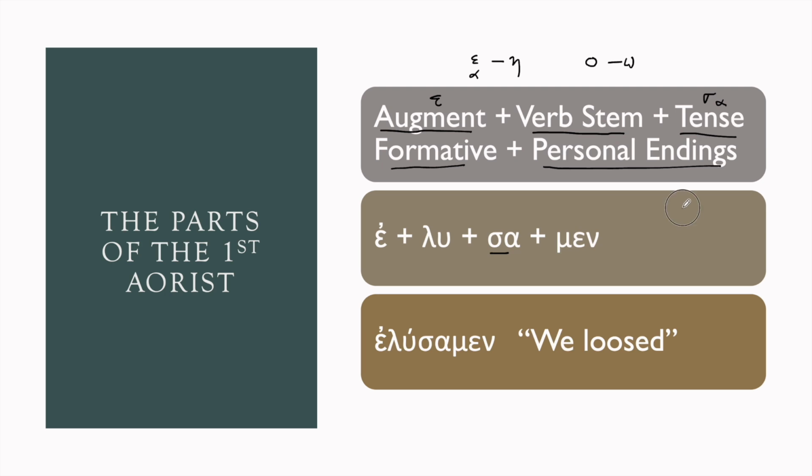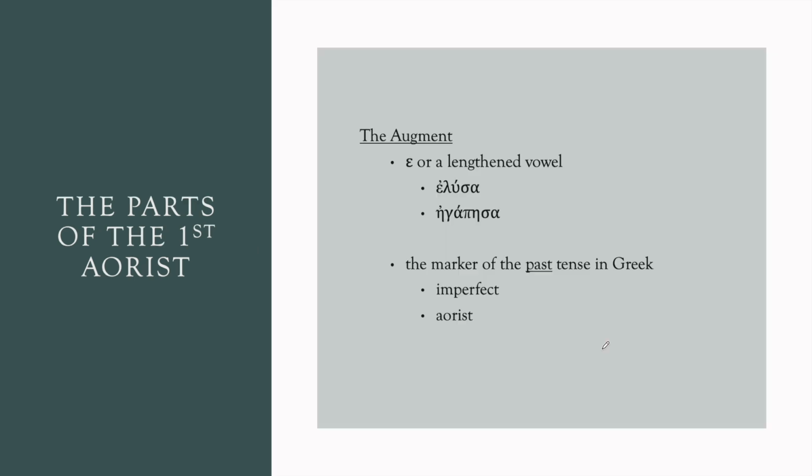So I've used the example of the first plural here, because here we can see all the components together. Augment, verb stem, this is using the verb luo, the tense formative, and the personal endings. E-lu-sa-men. We loosed. So I want to talk a little bit about the component parts.